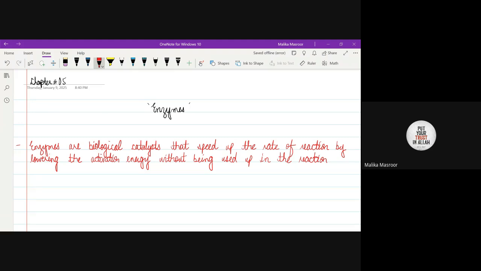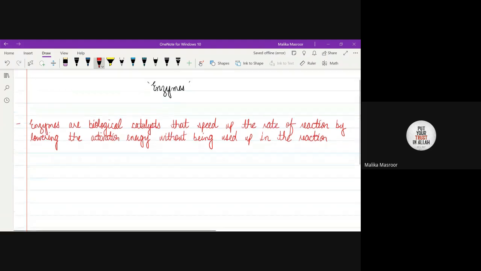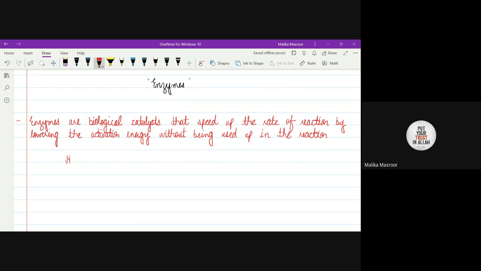So for example, you have hydrogen peroxide. I hope everyone has heard about it, H2O2. So there's an enzyme called catalase that breaks it down into water and oxygen. It's a very famous enzyme, okay? Breaks it into water and oxygen.